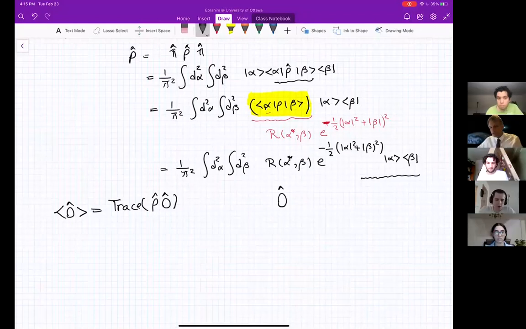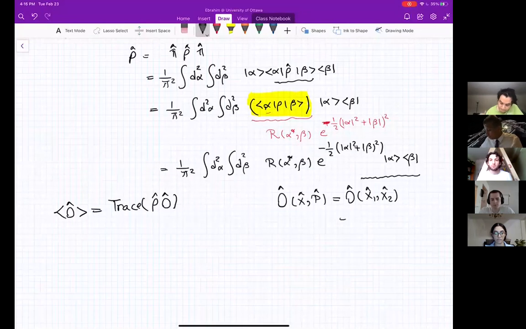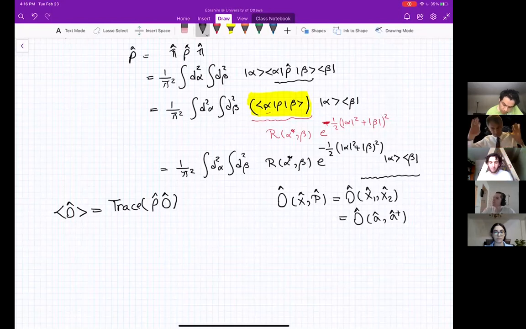Yes, essentially it is a function of X and P, which for us is a function of X1 and X2, or of the annihilation operator and creation operator. We are working in the single mode basis, so that's clear. You had assignments dealing with multi-mode squeezing and other things, so I'm sure it's very clear what we are doing. Clear? Good.